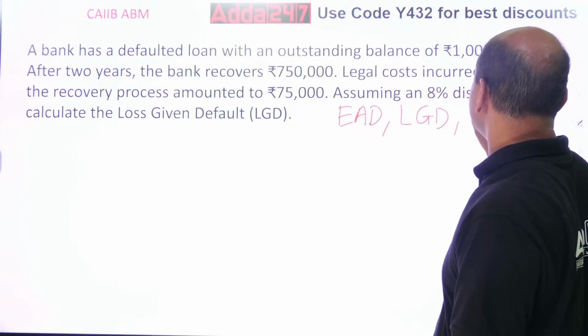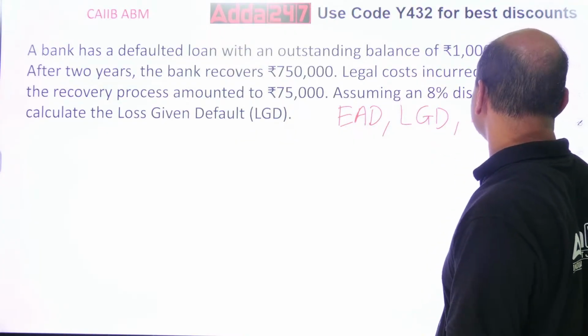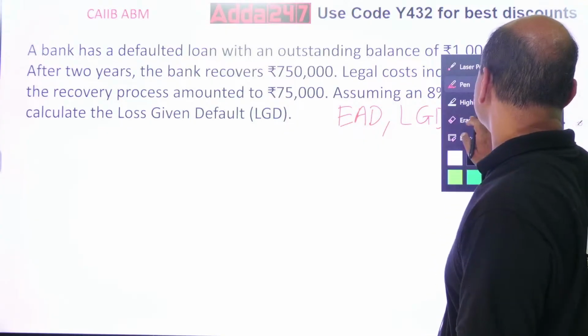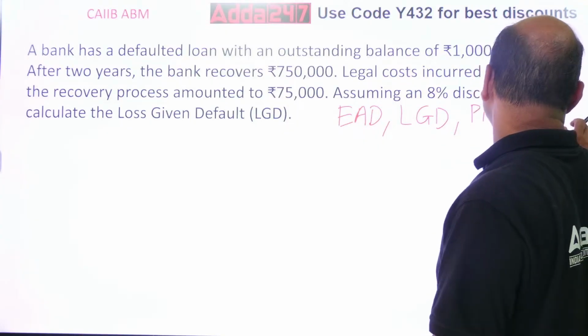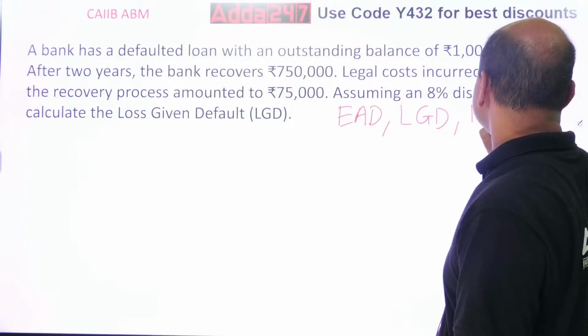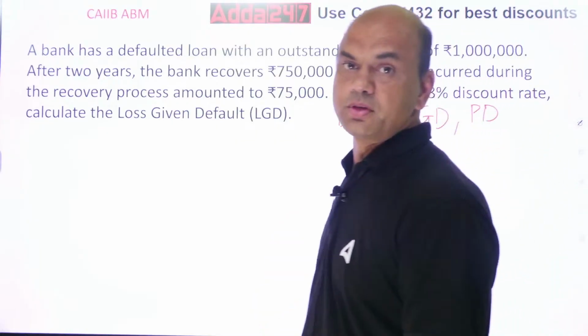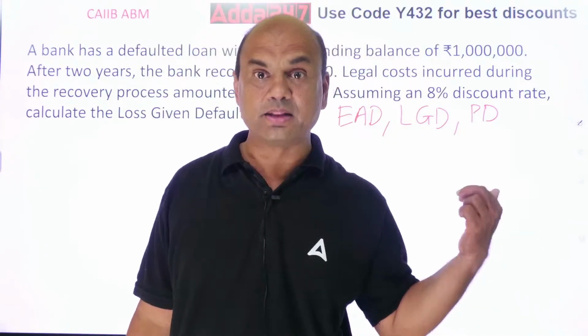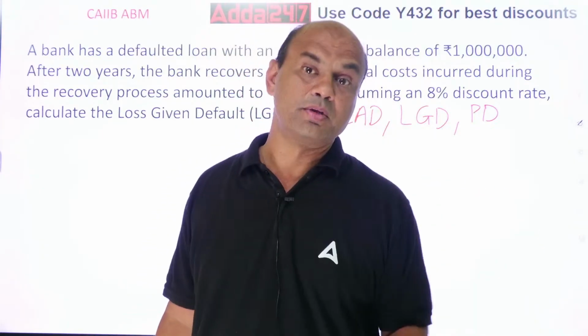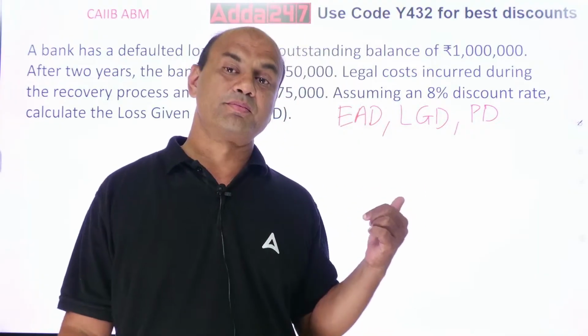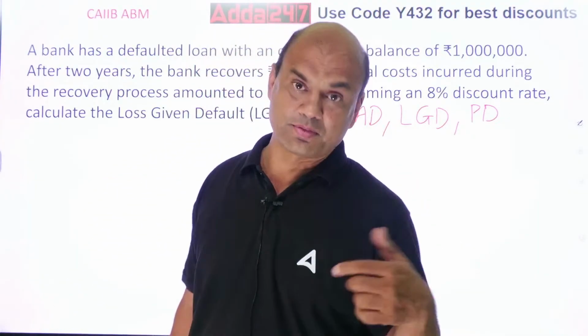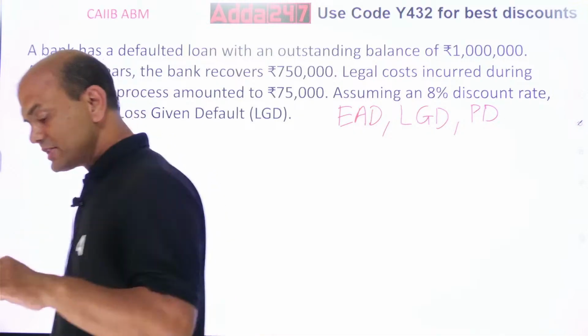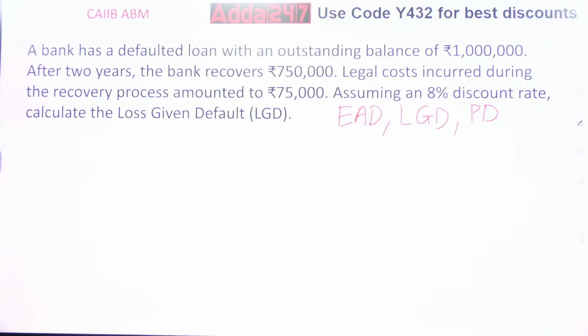And PD, probability of default. So these are the 3 terms which are very useful in your loan calculations as well as VAR, value at risk calculation. Mainly this is used in ABM, but this is also asked in BFM, because this is also part of your BFM. So now give me the LGD. My question is, what is the loss given default?